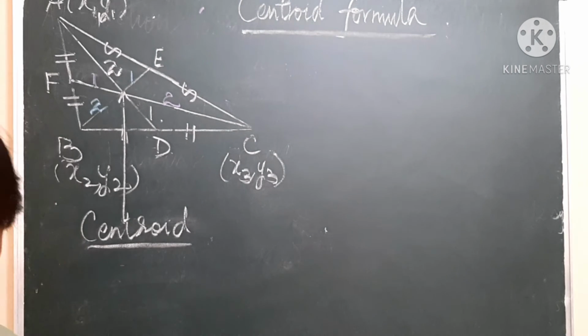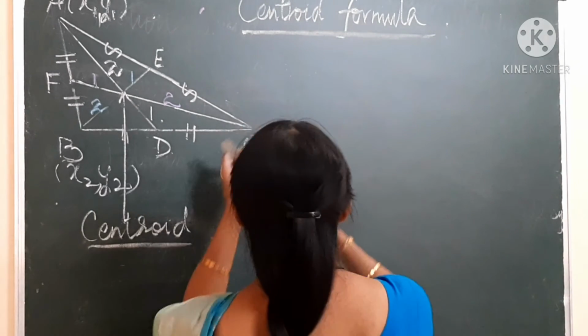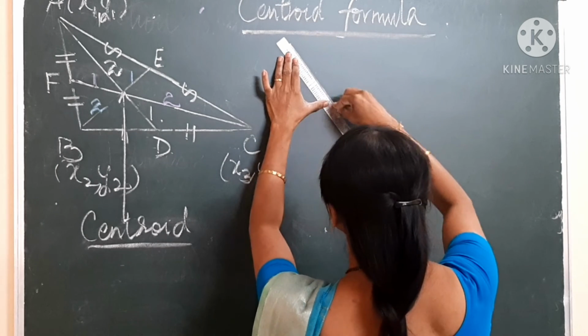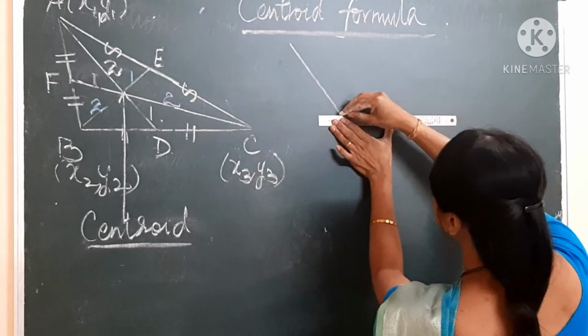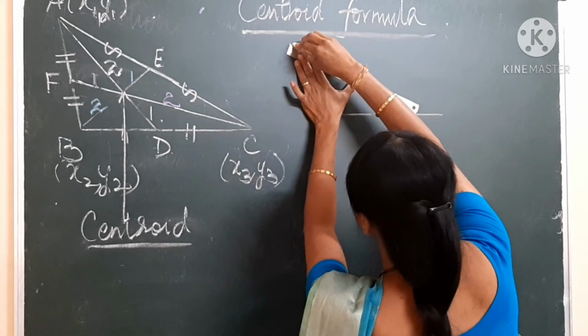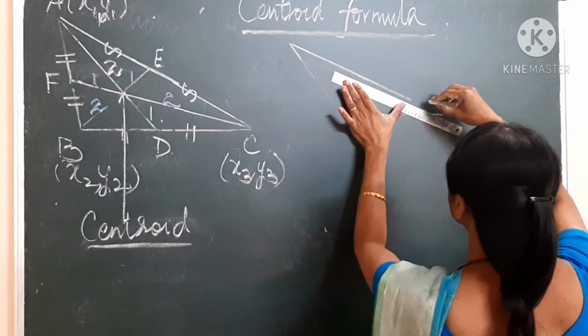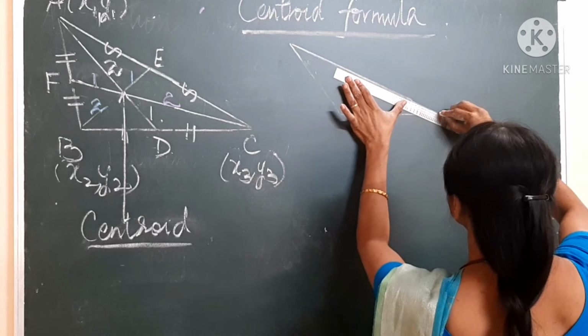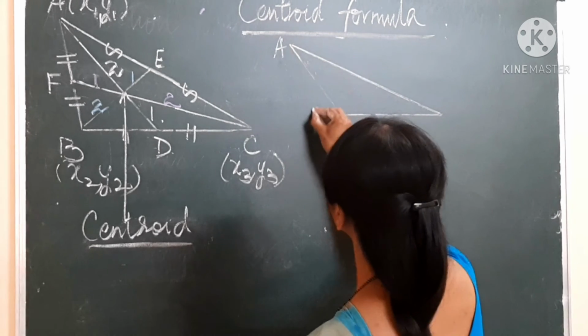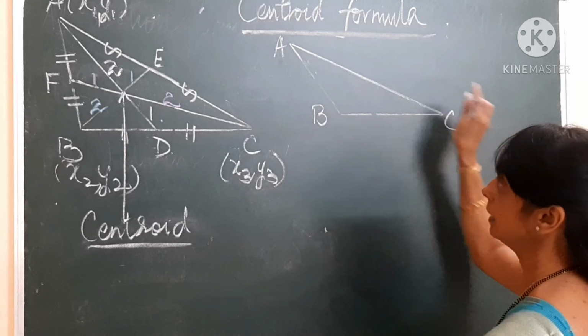So this is your triangle which I am redrawing again, and let me take only one median so that we do not get confused. Here we are with our triangle ABC.